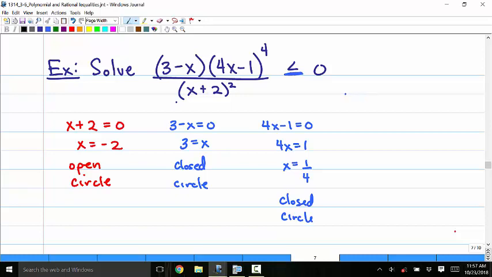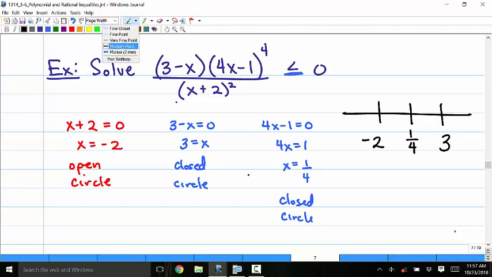So on my number line, I have 3 values. I have negative 2, 3, and 1/4. Make sure you put those in the correct order. The negative 2 is an open circle. The 1/4 and the 3 are both closed circles.